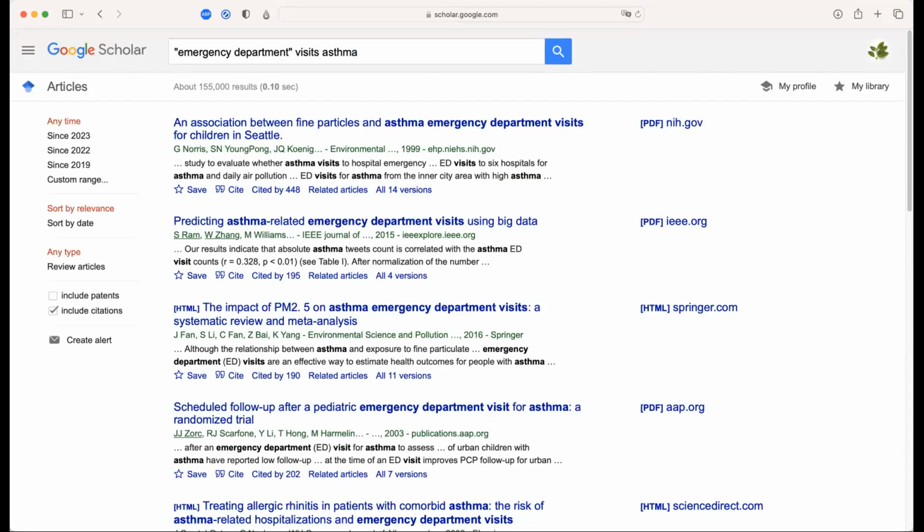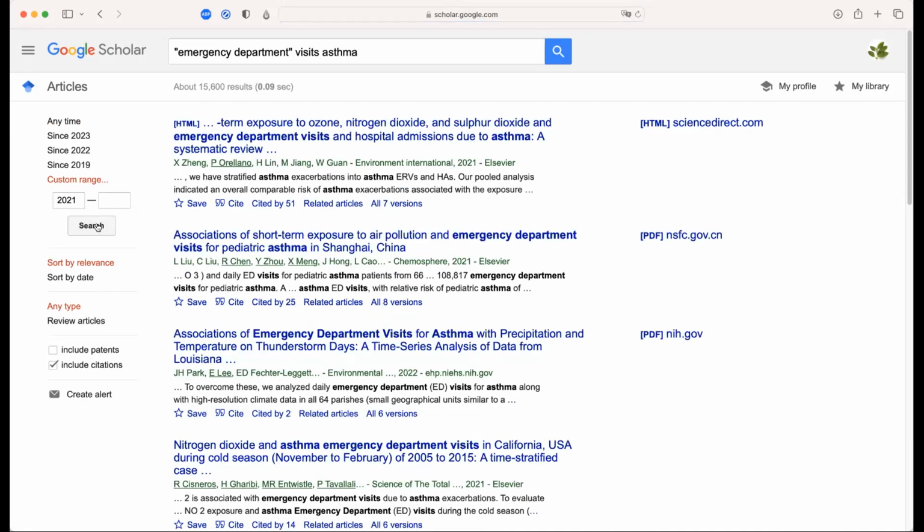Now, looking at this, we see we have no shortage of literature here. We have more than 150,000 results. So right away, if we want to look at things that are current, I don't think we're going to have a problem, even if we set this to only be 2021 to present. We still have 15,000.